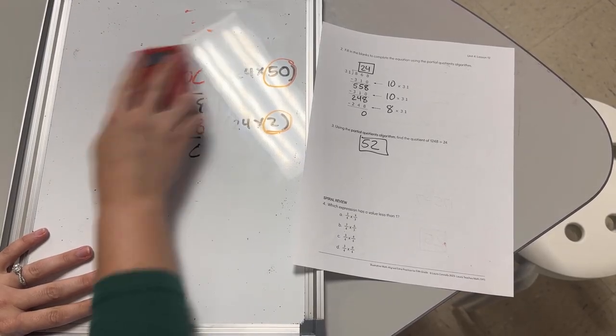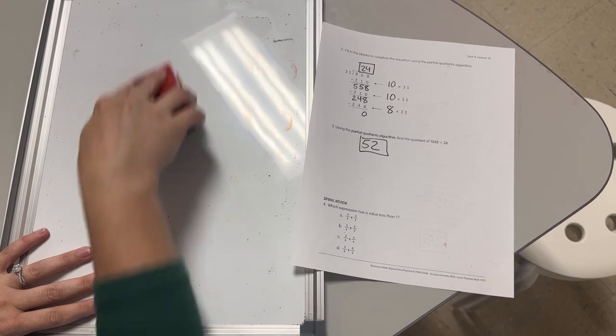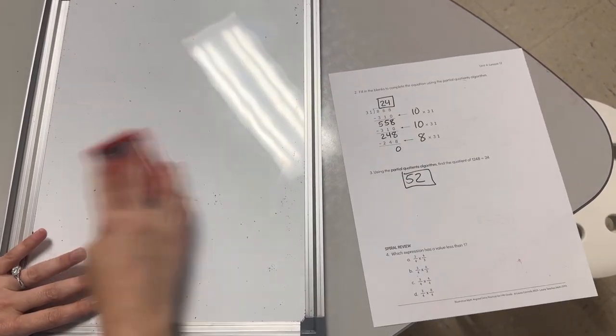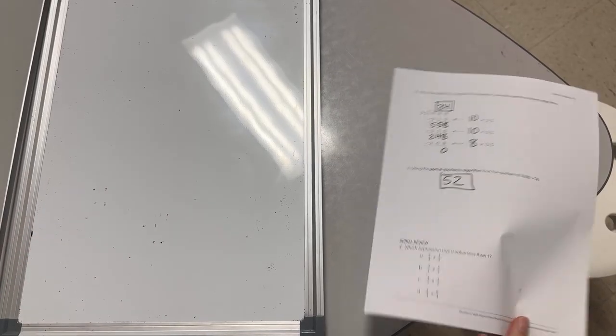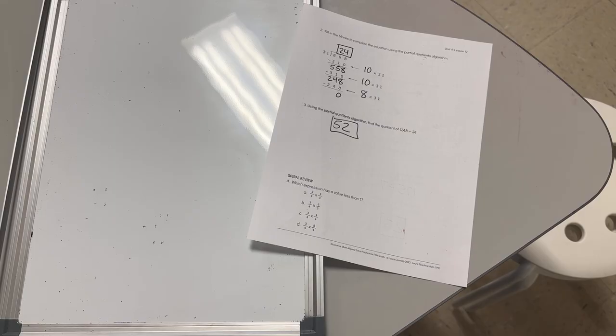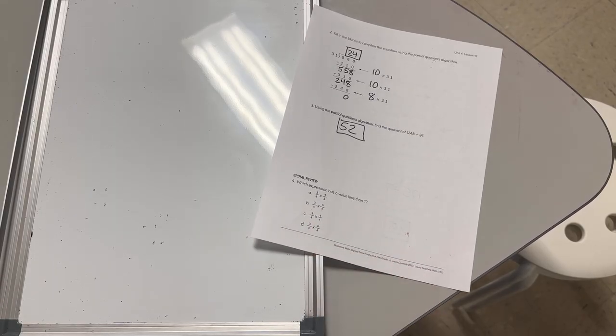All right. Last, we have some spiral review here. So we have a multiple choice question that's actually going to ask us about fractions. And since we started our year with Unit 4, that means we actually haven't done the unit in which we're doing fractions. But thankfully, we're familiar with fractions from 4th grade.